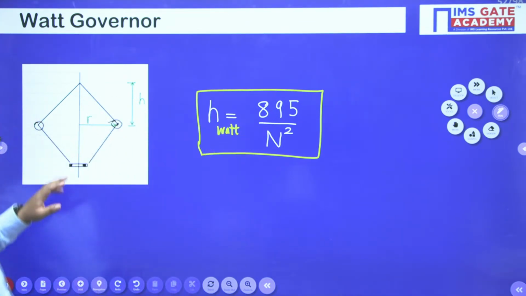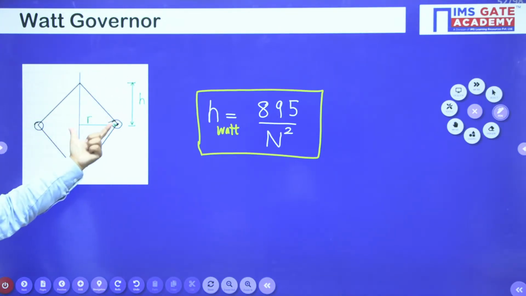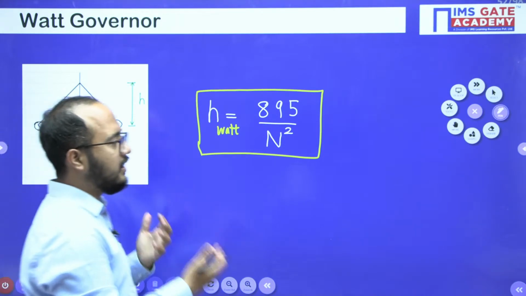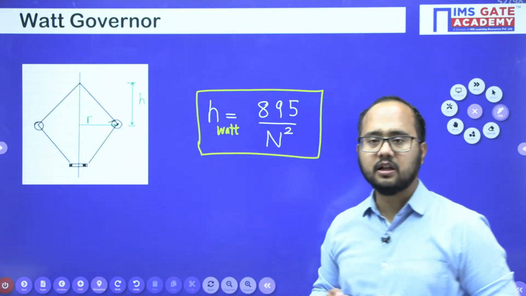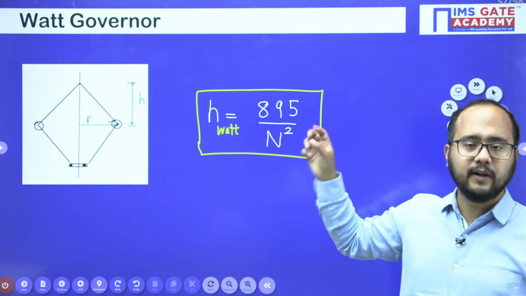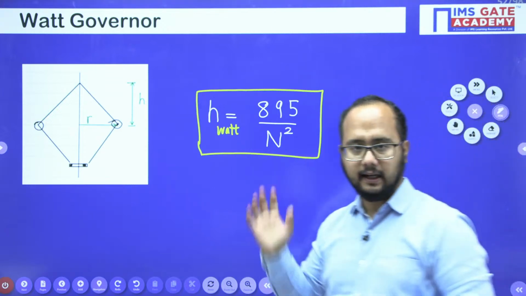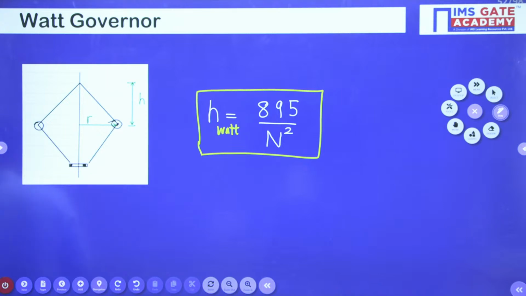Okay, so this will be the diagram here. This is the height of governor. This is the radius of rotation, right? So for whatever height of governor they have given, you can calculate the speed of rotation, or even you can calculate the height of governor for whatever speed of rotation they have given. Clear? So H equals 895 by N square will be the formula for the Watt governor.